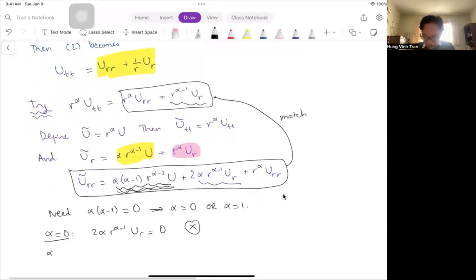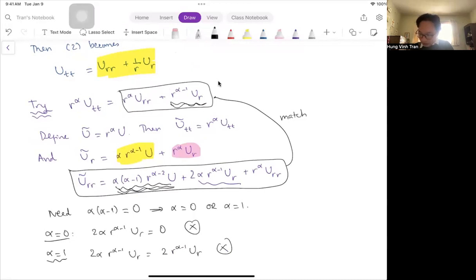And if I take alpha equals 1, then 2 alpha r to the alpha minus 1 u_r would be equal to 2 r to the alpha minus 1 u_r. And this also doesn't match with the above term. So either way, it doesn't work. And that's why the trick of doing the change of variable earlier doesn't work.